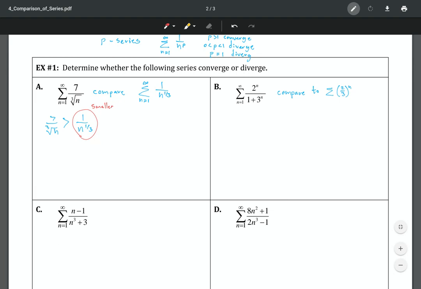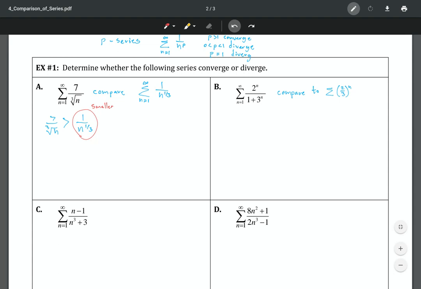So now we're going to see whether this right here is convergent or divergent. Hopefully you notice, and you're going to have to use the skills you've acquired in the past 3 lessons, that this right here is a p-series.